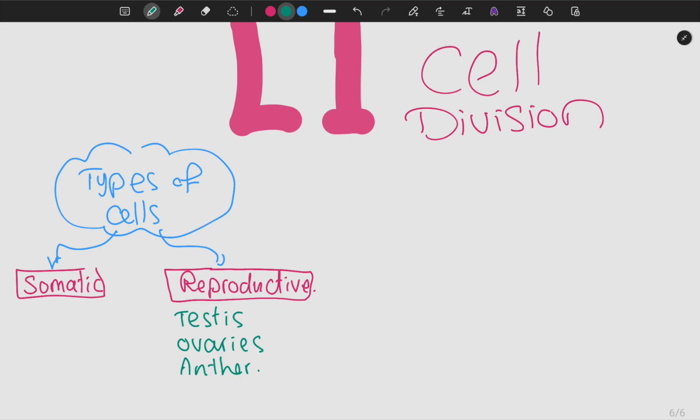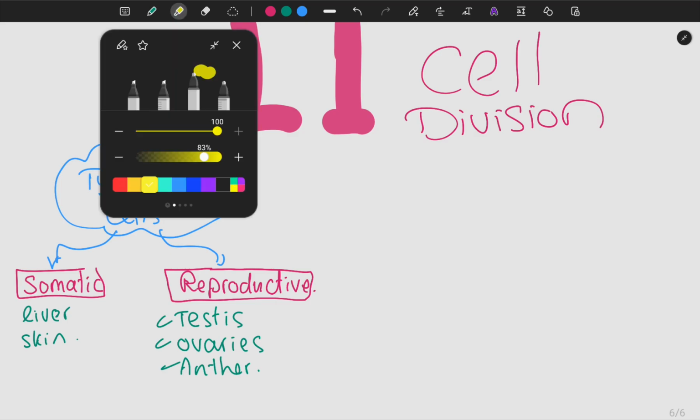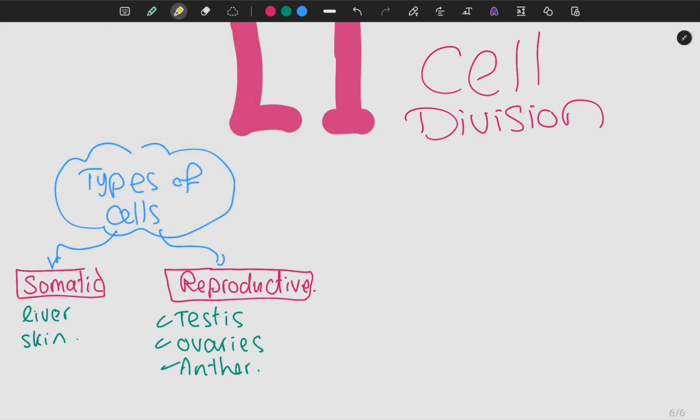Somatic is any other cell in our human body, like liver, stomach, skin, nail, hair, any other thing besides testes, ovaries and anthers. Easy? I think it is. So again, we have 2 main types of cells: somatic and reproductive. Somatic like liver and skin; reproductive like testes, ovaries and anthers.